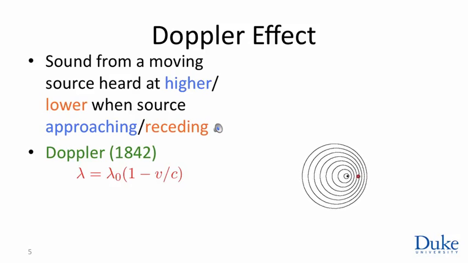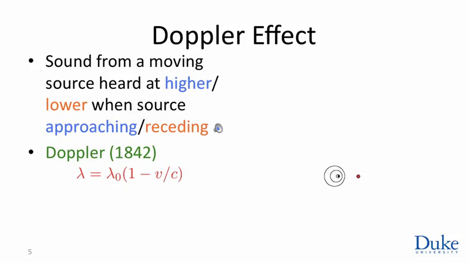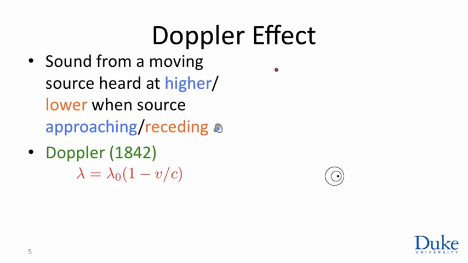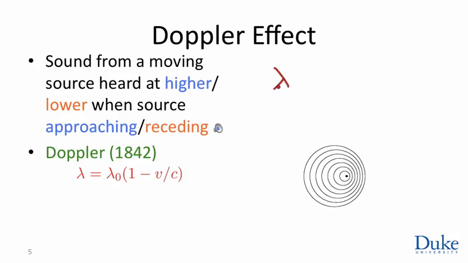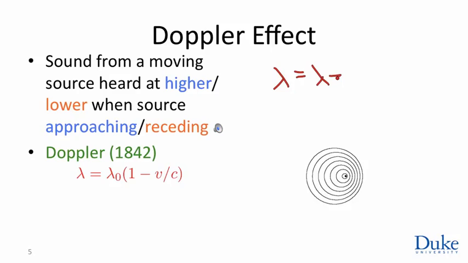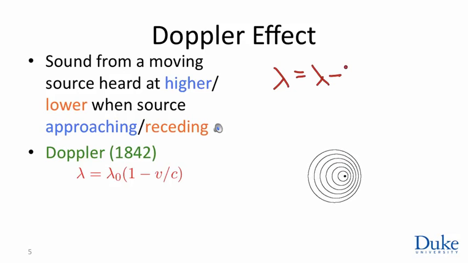And we can easily compute the relation between the two, because the distance between subsequent wavefronts as they arrive at this observer, lambda, which is the wavelength that this observer sees, is equal to the distance between the two wavefronts when they were emitted minus the distance which the source traveled, because each subsequent wavefront has a shorter distance to travel, because in the interim between emitting one wavefront and the following, the source traveled a distance given by v times the time between wavefronts.